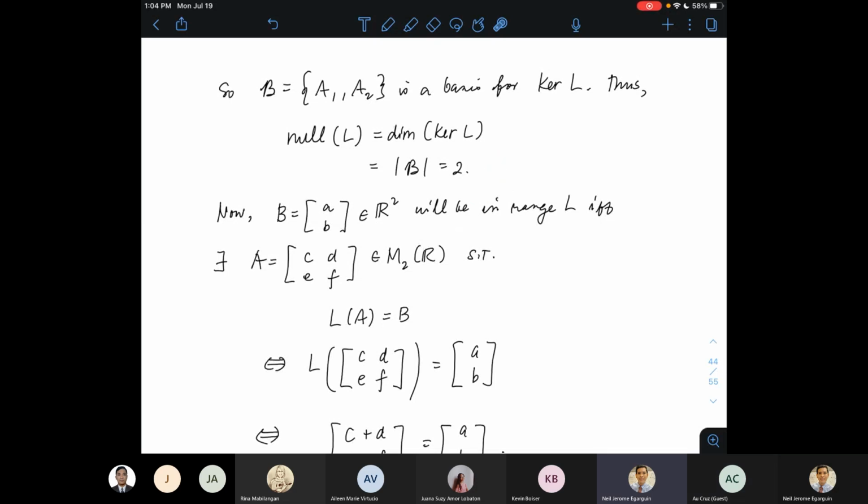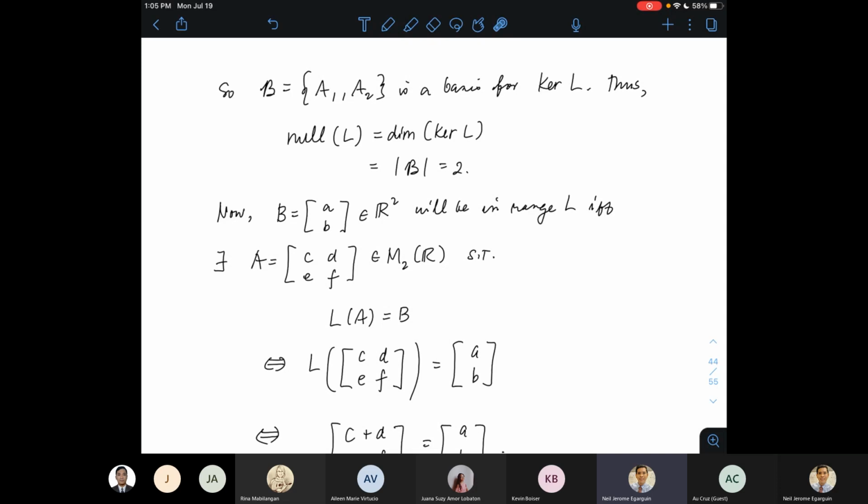So, kung medyo tedious na yung pagkuha ng nullity, finding the rank is, I think, much more tedious. Because now, we need to find, first, how does the range of L look like, right?